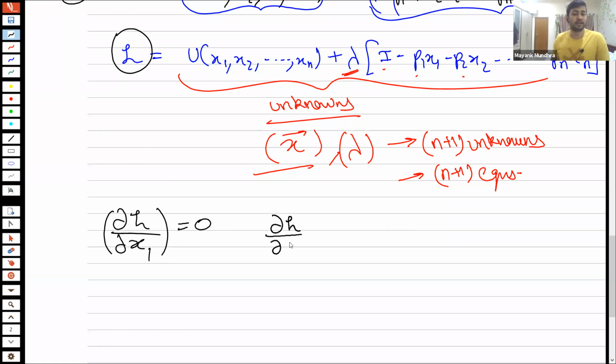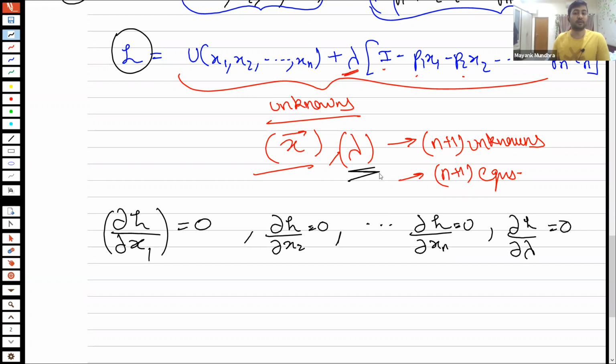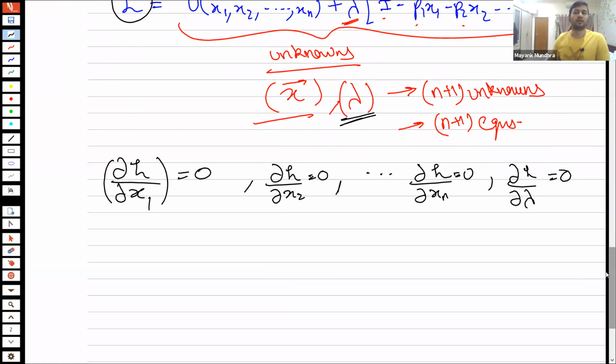Similarly, del Lagrange by del x2 equals 0, and so on till del Lagrange by del xn equals 0, and finally del Lagrange by del lambda equals 0 because lambda is also a number.